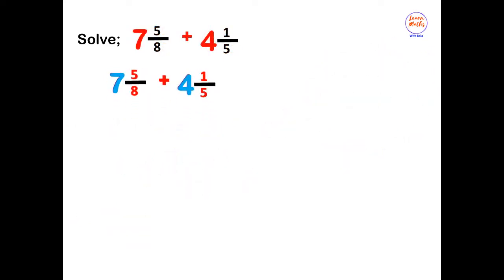Now the next two are unlike fractions. The steps are still the same up to that part where you separate the whole number and the fraction. So we put the fractions in the bracket and the whole numbers are separated out.